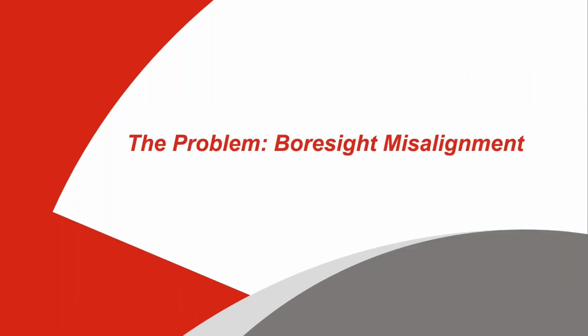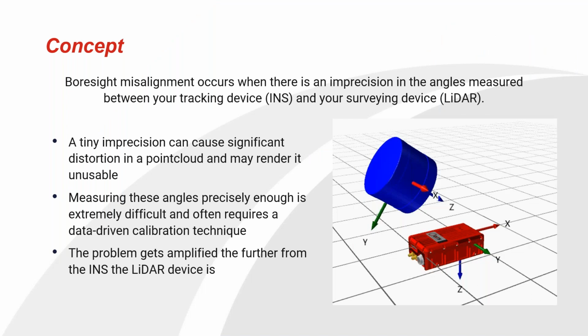So, what is it? The problem is Boresight misalignment, and essentially that comes from having an imprecision in the angles that you measure between your LiDAR and your INS. You'll probably know that if you're trying to georeference a point cloud with some navigation device and a LiDAR, you'll need to know exactly the distance away from the INS that the LiDAR is at along 3 axes, and also the angles.